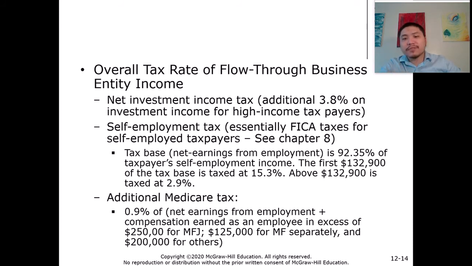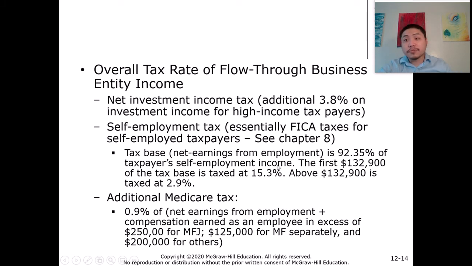They only have to pay the Medicare tax on the excessive portion. That's why if the income goes above 132,900, then the tax is only 2.9%, and this 2.9% is the Medicare tax.